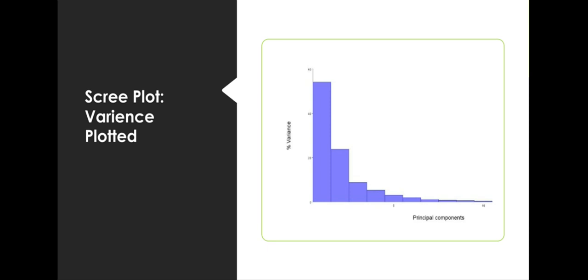So here I have a scree plot, which is just a plot of percent variance against the principal components. There are 10 or more principal components because there's 10 or more landmarks that we analyzed. And the first two show the highest variance. That's principal component 1 and principal component 2, being depth and length, respectively.